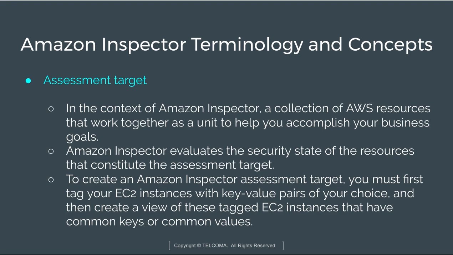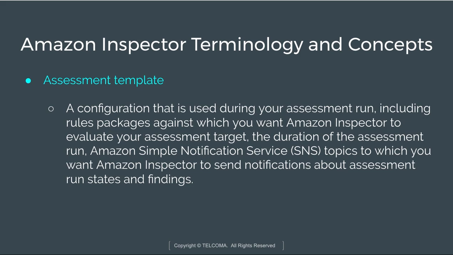We require to tag the EC2 instances with key value pairs and then create a view of those instances. Further, Amazon Inspector has specific attributes, key value pairs that we assign to findings generated by the assessment run, and then we use the assessment template.